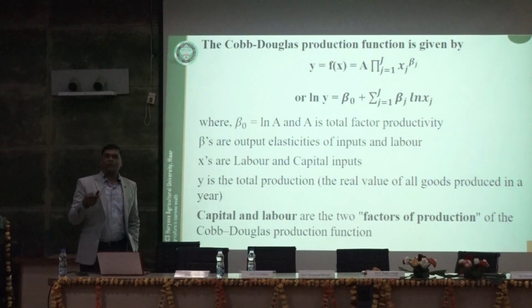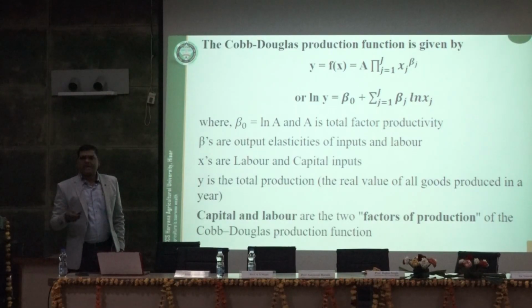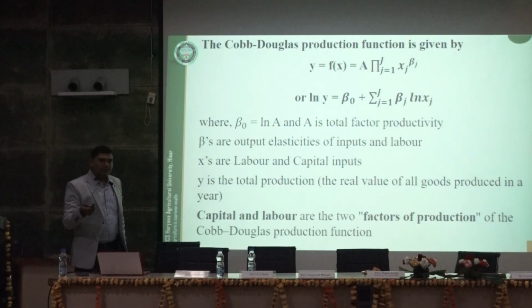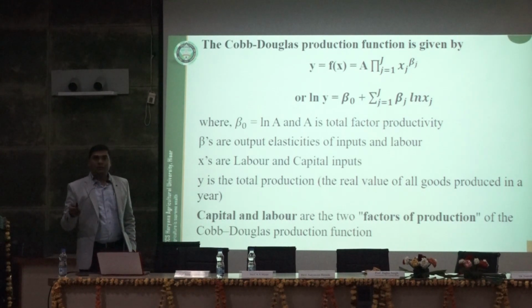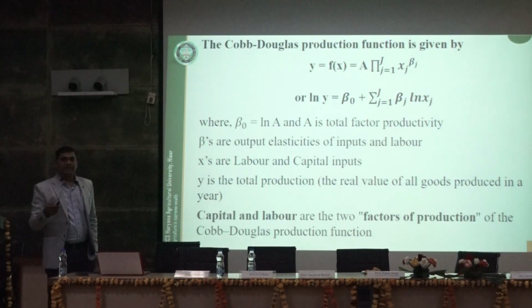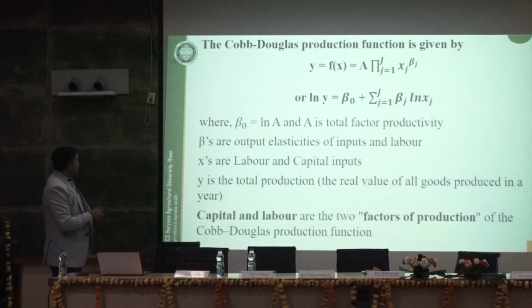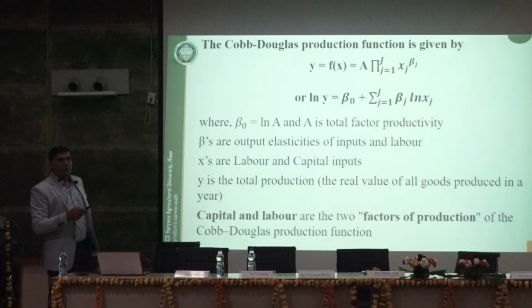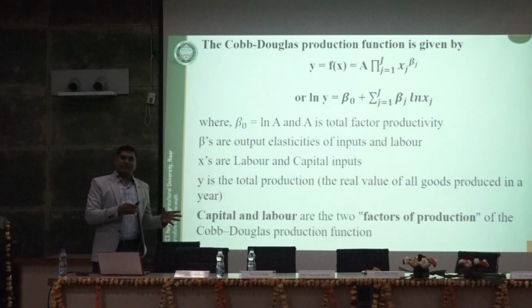Then the number of kettles is your input variable. For example, the number of hours that we use for the production of milk. These are the input variables only, so these are the x_i only. And y is the total production, that is the real value based on the input variables.